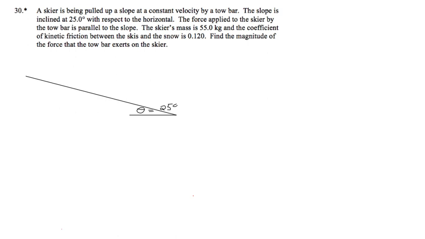And the skier is being pulled up the slope. So I'm going to have a skier on this hill. So there's the skis, and here's the skier. And let's say they're going to be holding on to the tow rope to go up the hill.